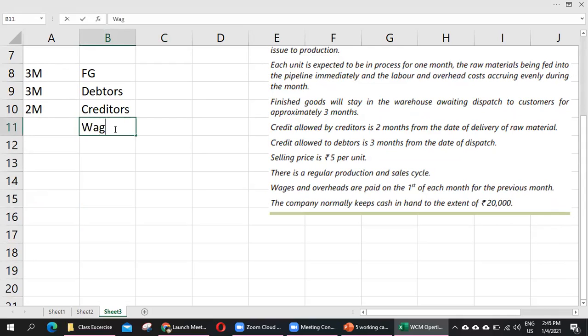So wages and overhead, 1 month. The company normally keeps cash in hand to the extent of 20,000.